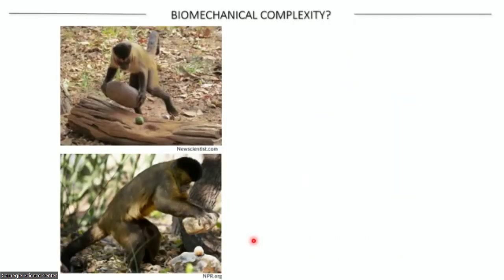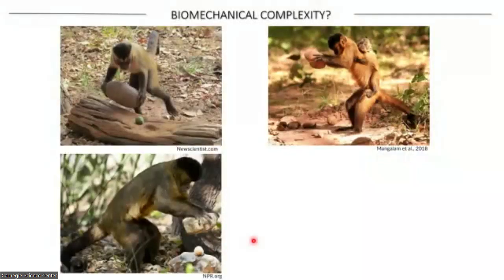Another variable to consider is that capuchins use rocks that weigh up to 50% of their body mass when they're cracking open nuts. Archaeological evidence suggests that hammerstones, on the other hand, weigh on average 1.5 kilograms. Female capuchins are often carrying their juvenile on their back as they're cracking open nuts.